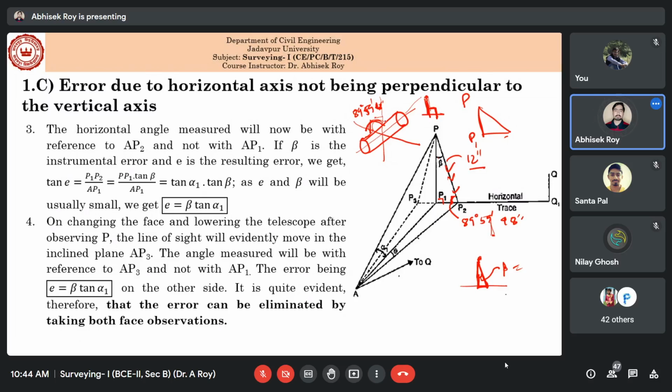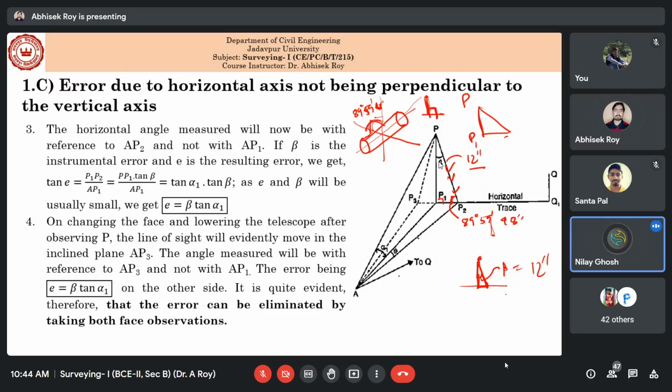That means if the horizontal axis or trunnion axis and the vertical axis are not perpendicular, suppose they are at 89 degree, 59 minute, 48 second, then the error between the horizontal axis or trunnion axis and vertical axis is 12 second, and hence this beta error also will be 12 second. Is it clear?